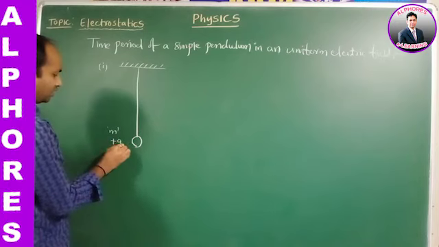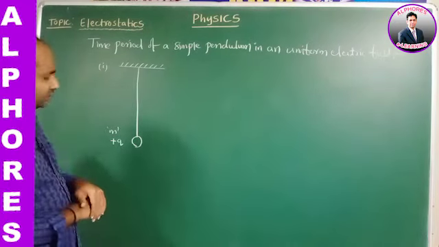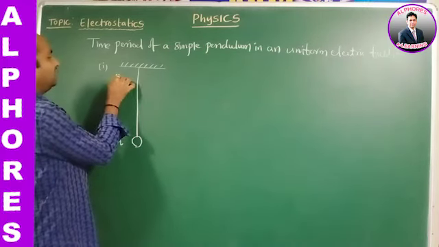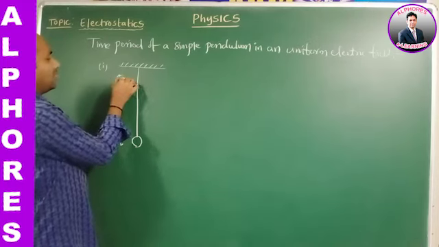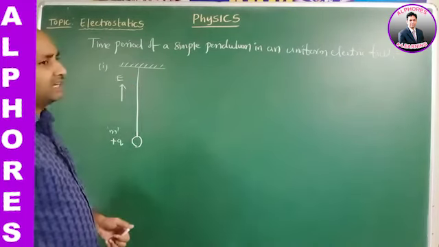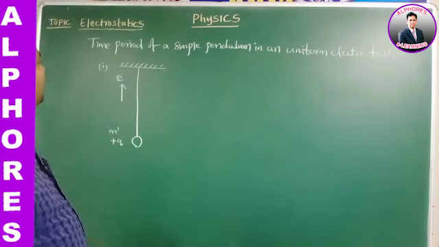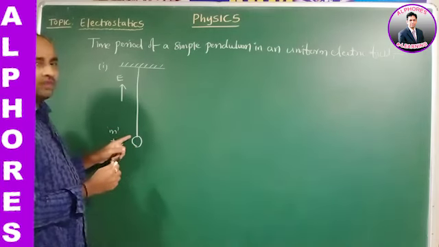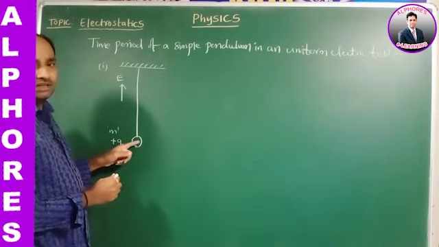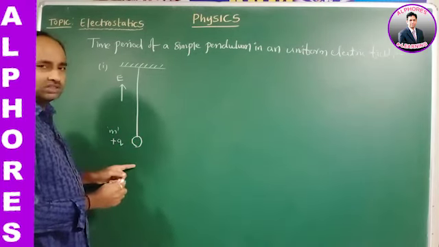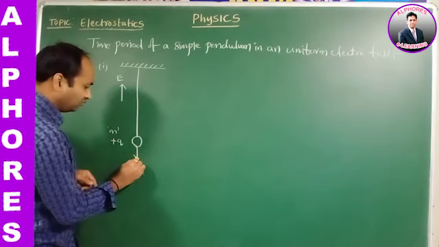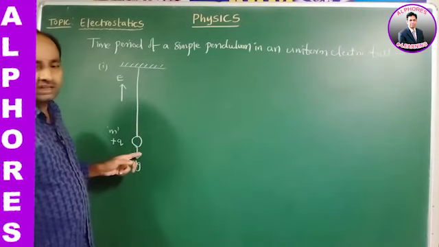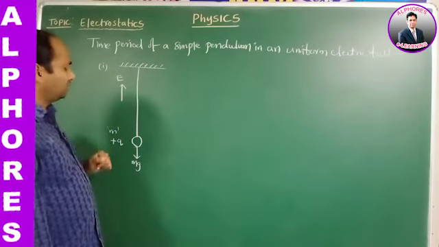An electric field E is applied along the vertically upward direction, and m is the mass of this sphere. mg acts vertically downwards, and the electric field is upwards here.